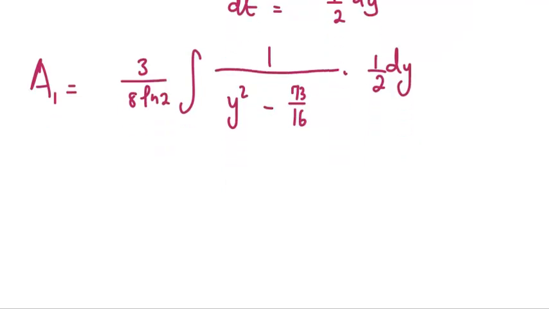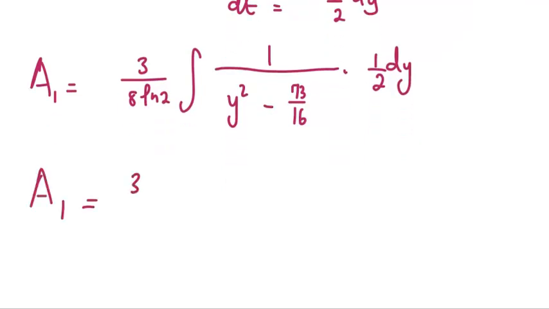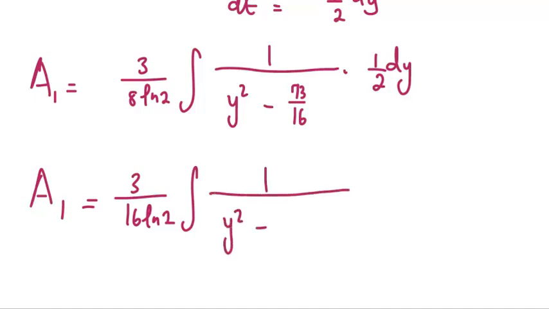Taking the 1 over 2 outside, we get the following: a sub 1 is equal to 3 all over 16 ln of 2 times the integral of 1 all over y squared minus, to make this a perfect square, square root of 73 divided by 4 whole squared, and then we have our dy.